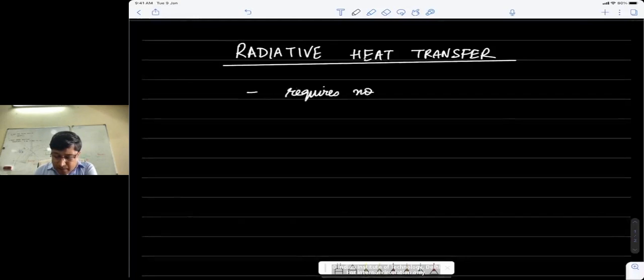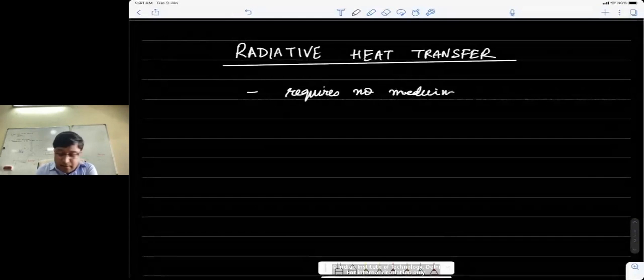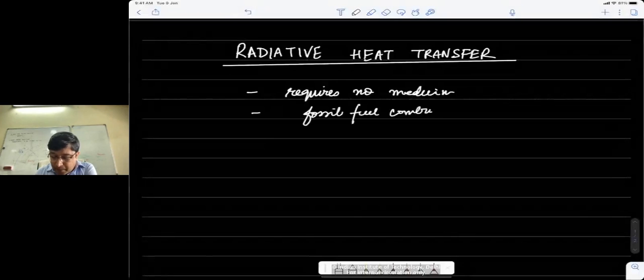and it is relevant to many industrial processes that we see around. So, it's relevant to anything which requires, let's say, fossil fuel combustion, because the temperatures there are high, and primarily the mode of heat transfer is actually radiation.